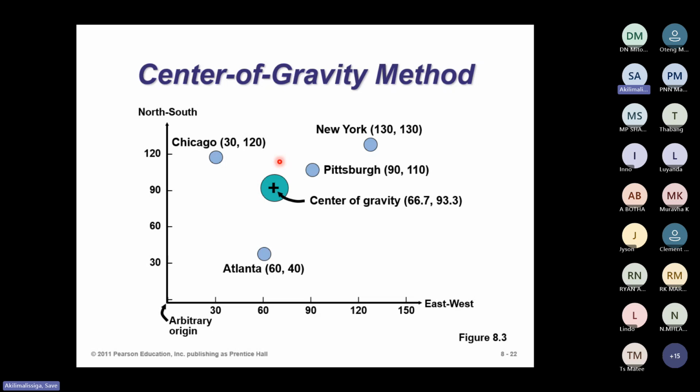And this is quite good because the company is now able to minimize the cost of transporting goods from this distribution center to Chicago, to New York, to Pittsburgh, and to Atlanta, right? And also based on these calculations, we know that this is accurate, right? So that's how you proceed, or you do an analysis related to the center of gravity for a business.